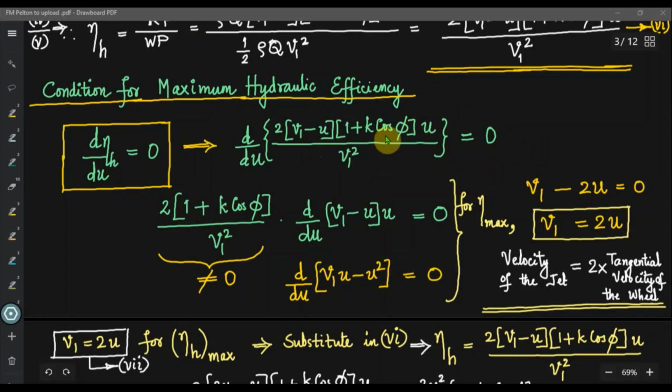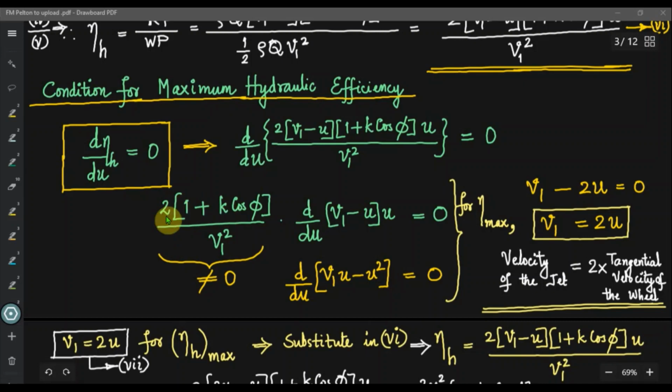Even though this is a lengthy expression, here the only variable is u with respect to which you have to take the derivative. So 1 plus k cos phi, then into 2 from the numerator and denominator V1 square. So these terms can be taken out of the derivative. So 2 into 1 plus k cos phi by V1 square can be taken out of the derivative, and what remains inside the derivative is simply V1 minus u into u.